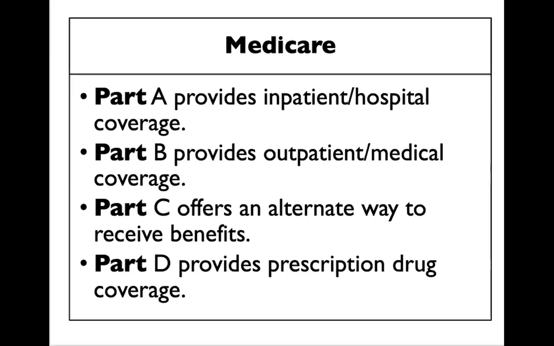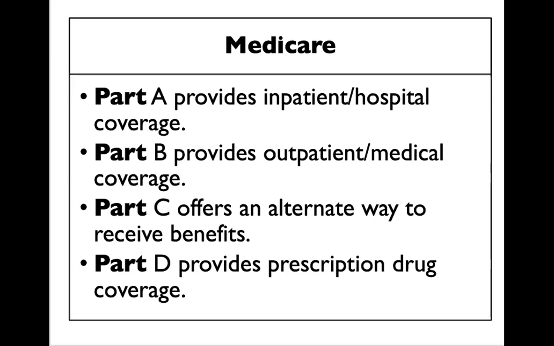The Medicare program is divided into 4 parts. Part A is for hospital insurance. Generally, once you become eligible for Medicare, you can get this Part A free of charge.